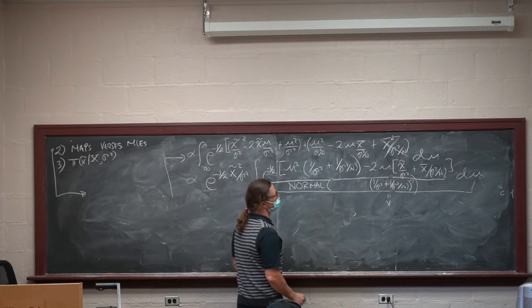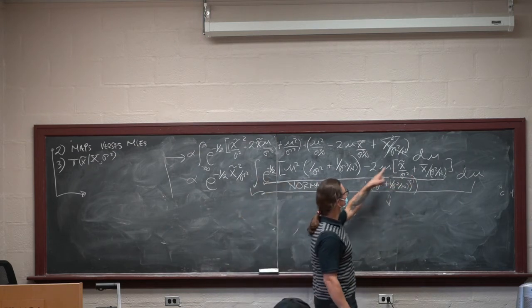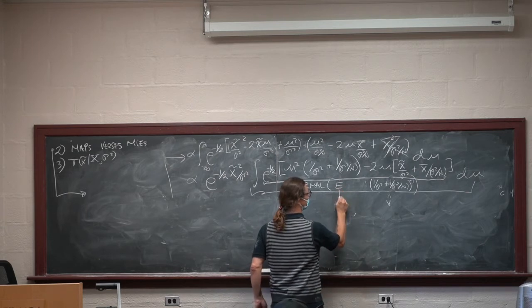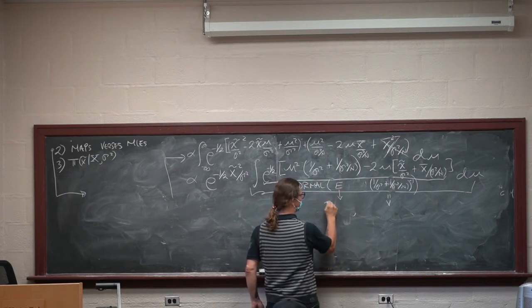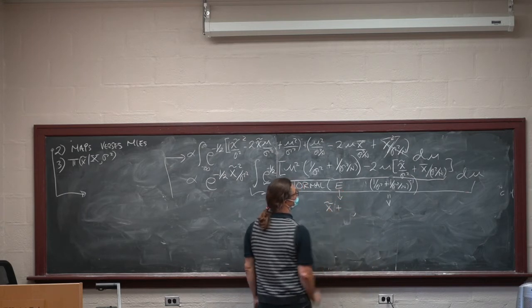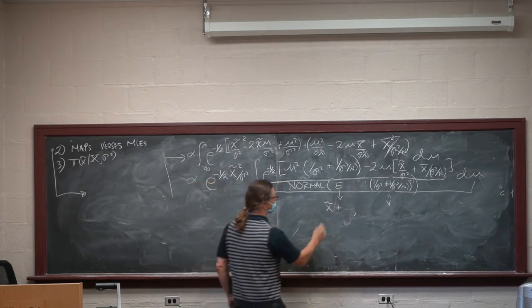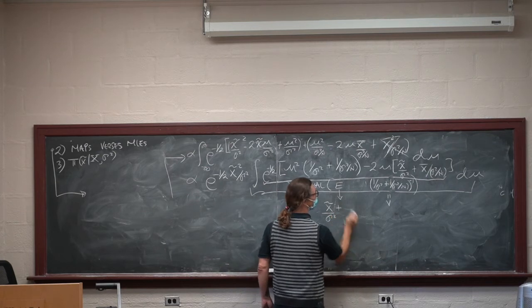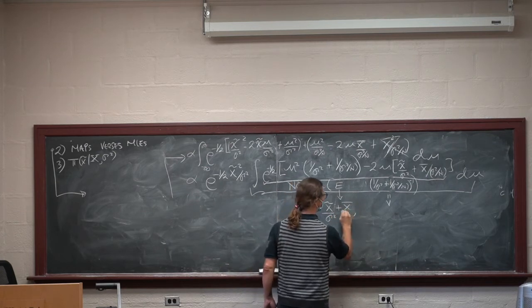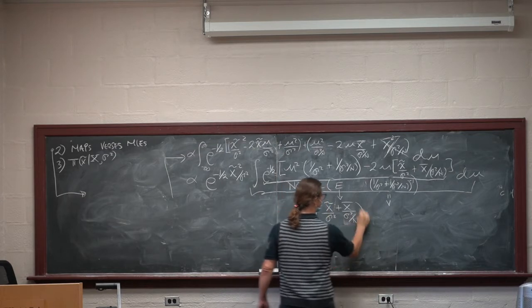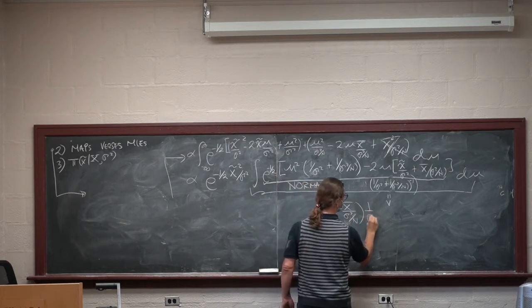And the expectation is going to be this term multiplied by that thing. So this will be E. And that thing is x tilde over sigma squared plus x bar over sigma squared over n, times this thing.